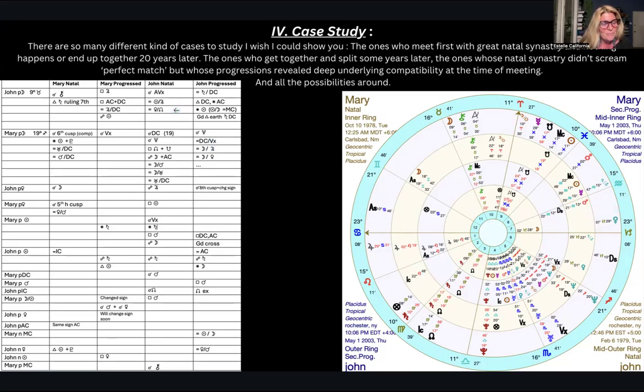Then the same progressed Moon opposes Marissa's progressed Sun. That's what we just saw. And then here we are. It equals the midpoints of Venus and North Node, and of course South Node too, of John's natal.